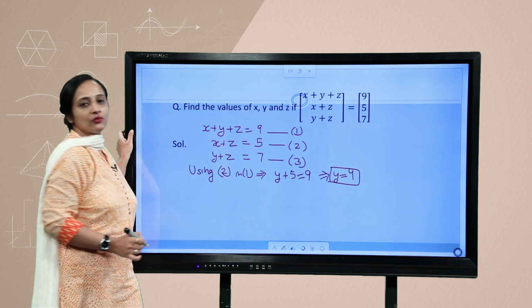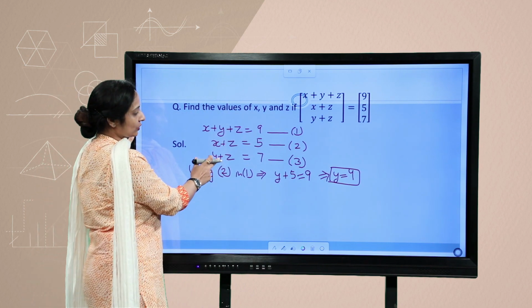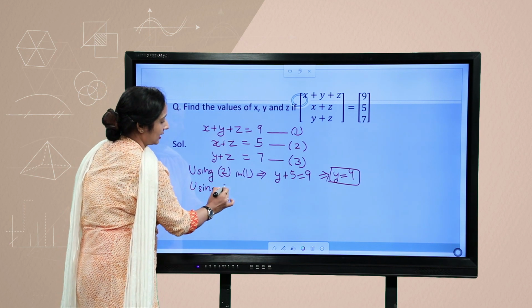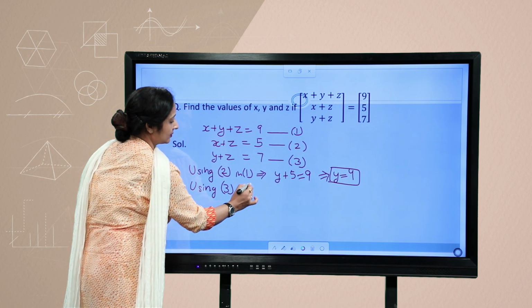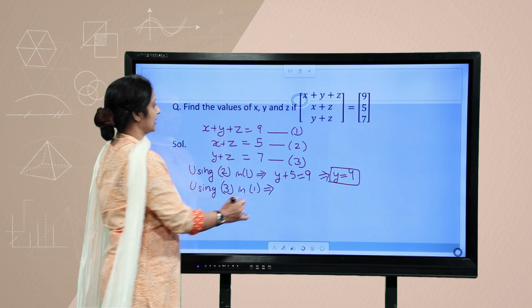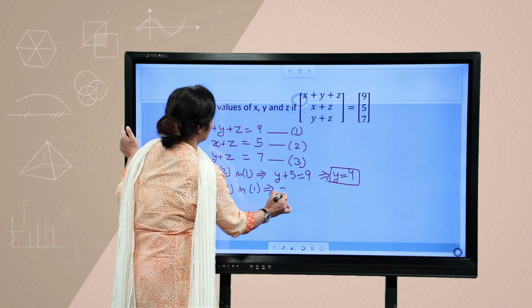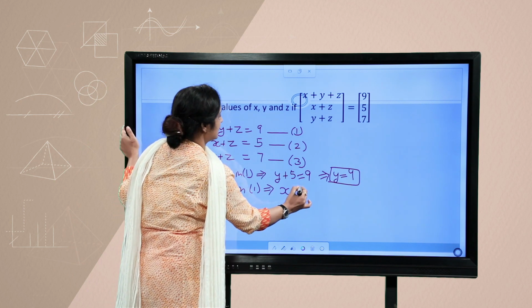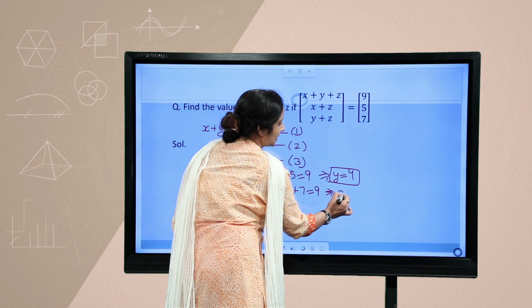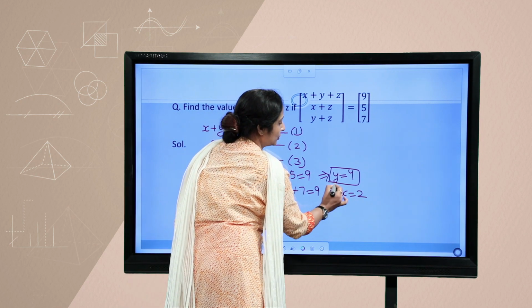So you have got the value of y. Similarly, you can use the third in 1. This will give you y plus z to be replaced by 7. So x plus 7 is equal to 9. That gives you x is equal to 2.